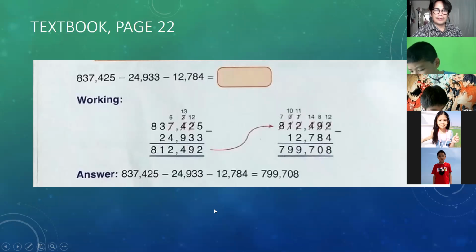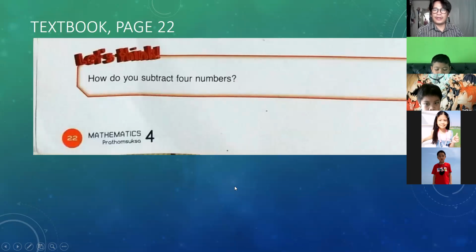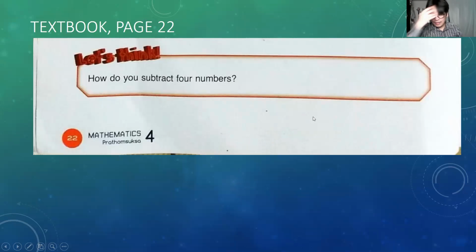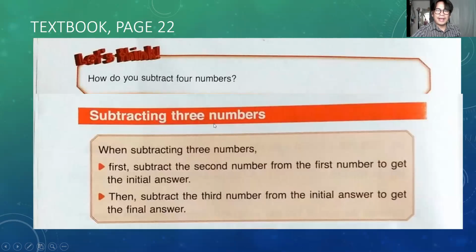How do you subtract 4 numbers? Okay, so it's just like answering how to subtract 3 numbers, right? But because it's 4 numbers, after subtracting the third number from the initial answer, you subtract the fourth number from that answer to get the final answer.